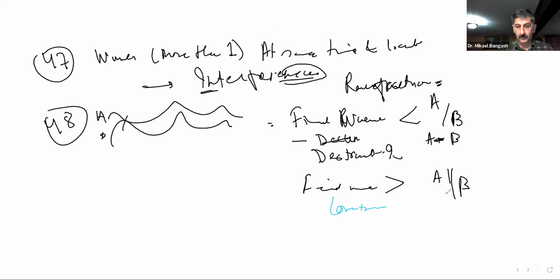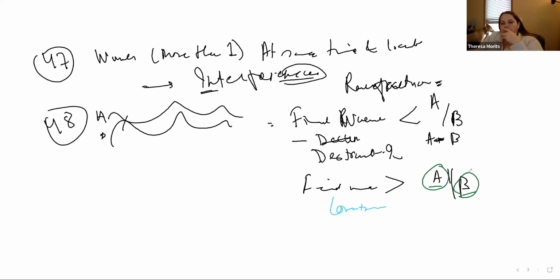Why? Because A has to be added onto B, or B onto A, to make it greater than A or greater than B. Clear? Did you guys get that?